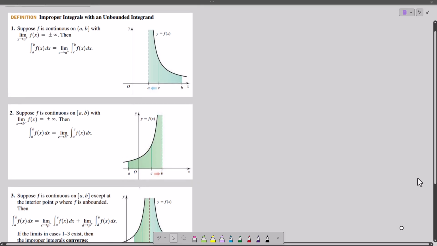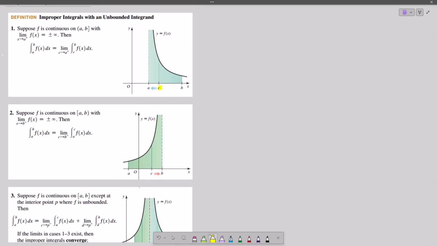And what we do for a vertically unbounded is choose a random c so that this is a definite integral. And then we're going to let c approach the asymptote. And this takes a one-sided limit. c has to approach a from the right. You can't approach a from the left because that's not even part of the region.